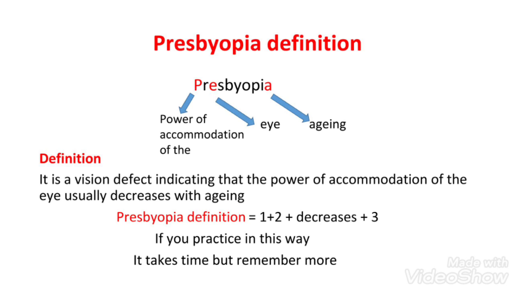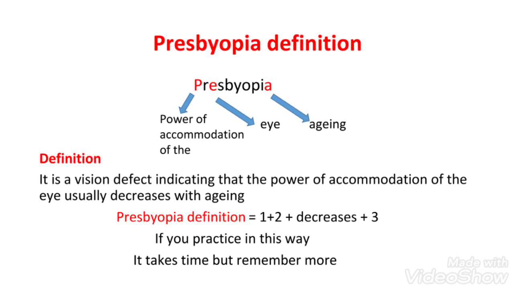Last, A, aging. Power of accommodation of the eye decreases with aging. This is the simple definition. You can learn it from the word presbyopia itself. For the definition I am writing: it is a vision defect indicating that the power of accommodation of the eye usually decreases with aging.